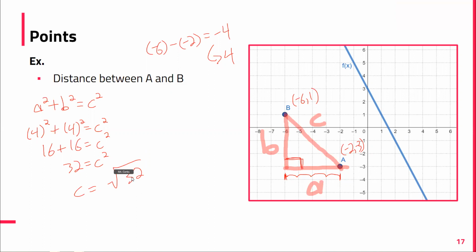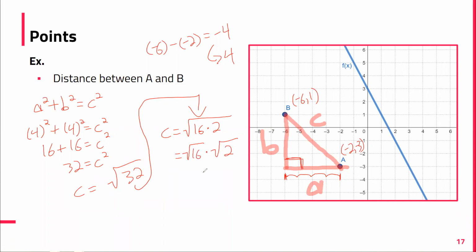It's not a vector. So we have that, and if we remember our square root rules or exponent rules, we can split this up. So root of 16 times 2, and then further, root 16 times root 2.